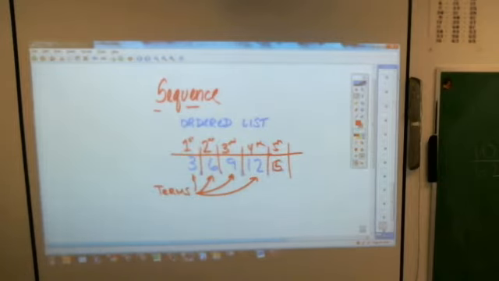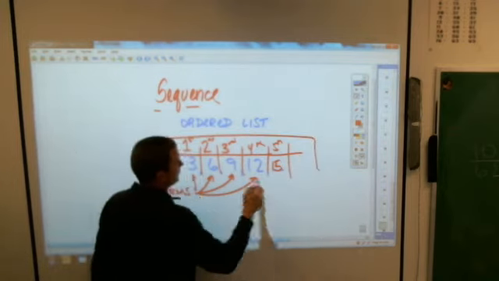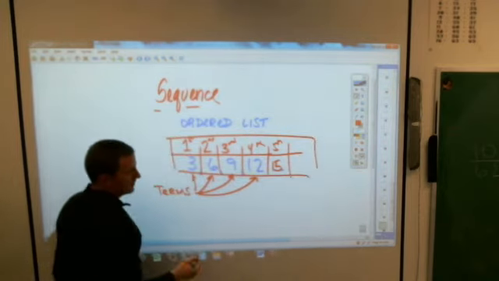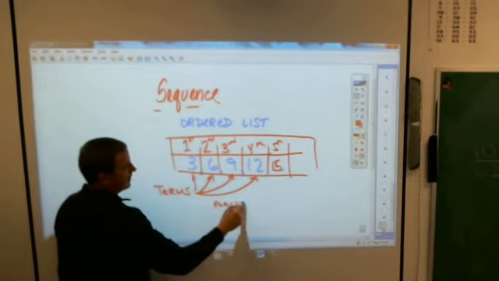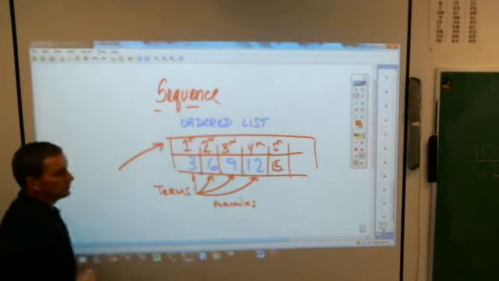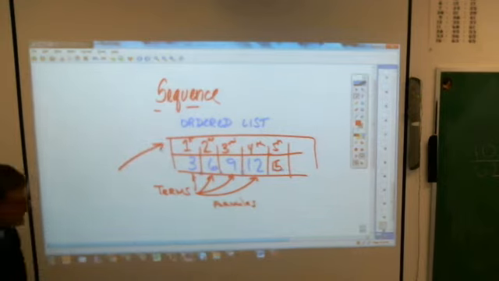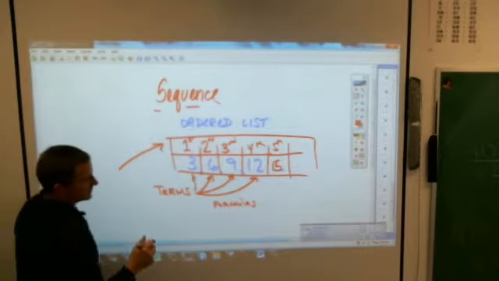Because it just is. Now, with that being said, usually when we block these off, and today we talked just a little bit about making formulas with these things. When we do formulas, generally speaking, we call the number of the term the letter N, which makes sense because it's the number of the term.